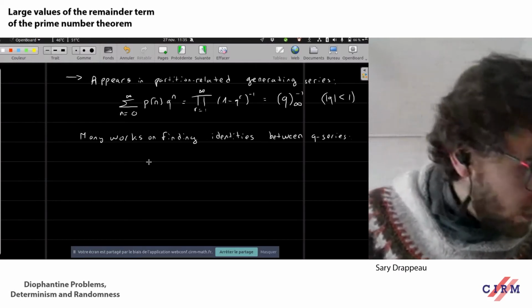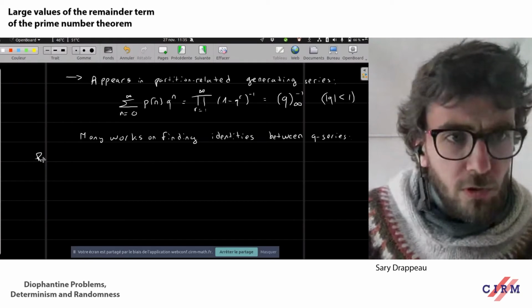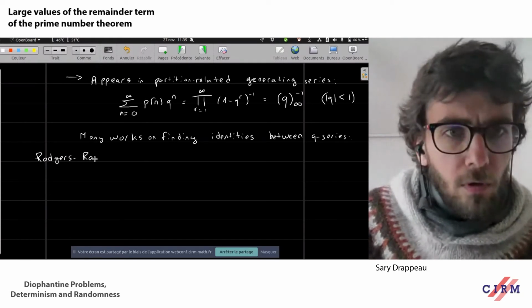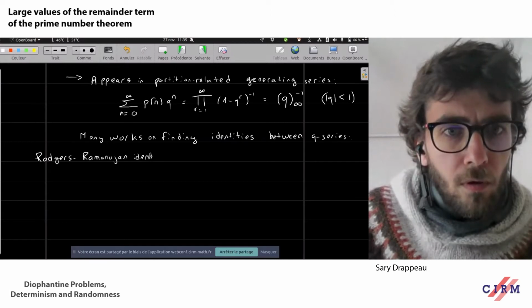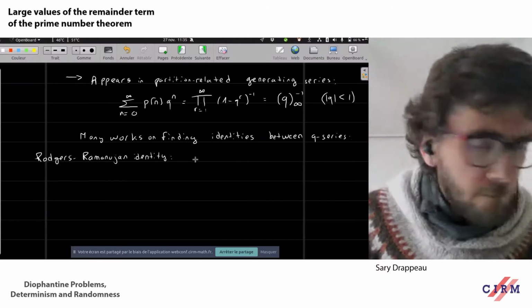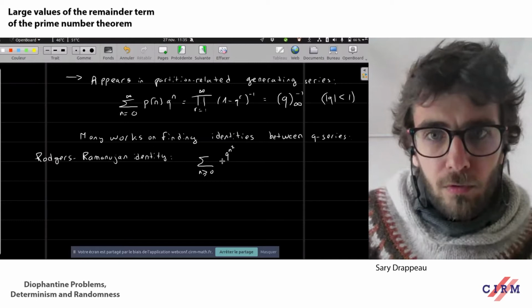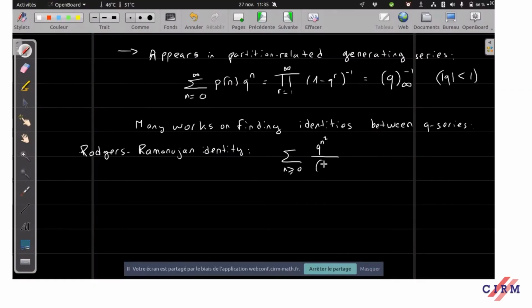I will quote one, which is called the Rogers-Ramanujan identity. If you take this summation, the sum of q to the n squared divided by this symbol that we had before, then it's equal to a product also involving the q-Pochhammer symbol, but this one extended to infinity.